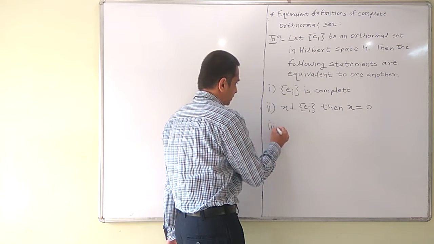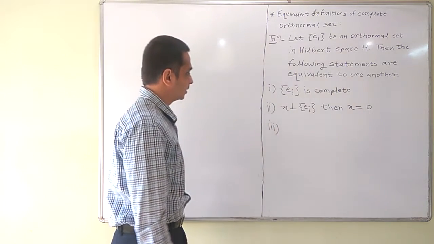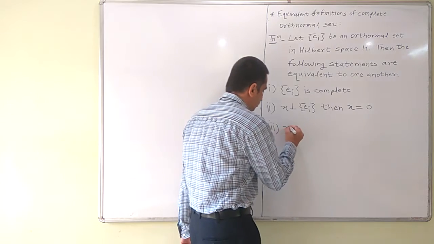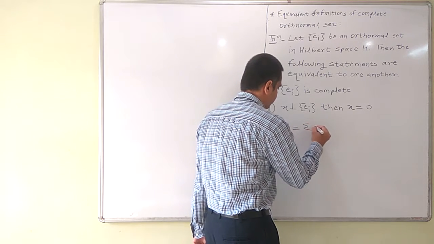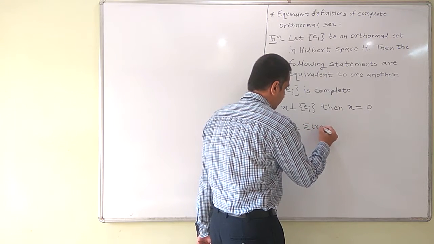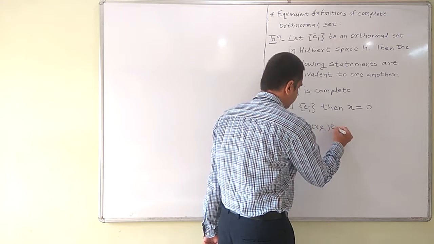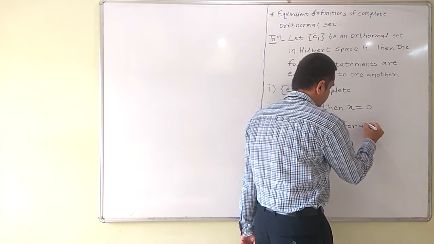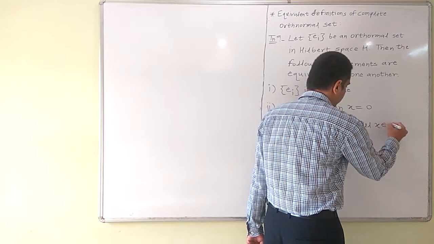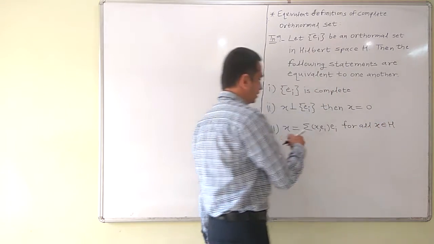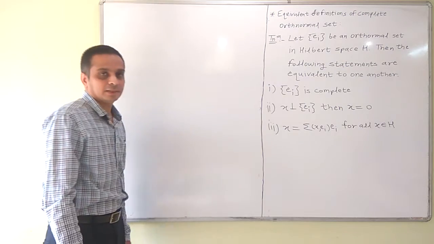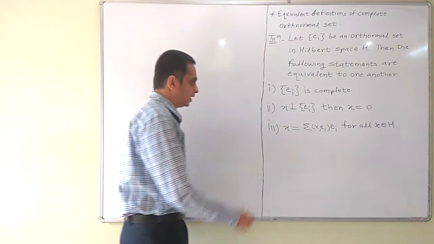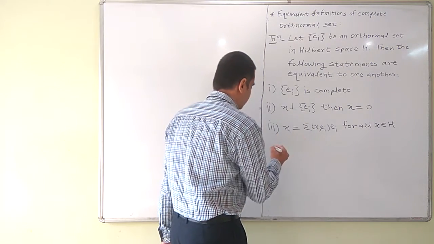Third statement, x is equal to the sum of <x, e_i> e_i for all x belonging to H. So x can be expressed in this way as a linear combination.